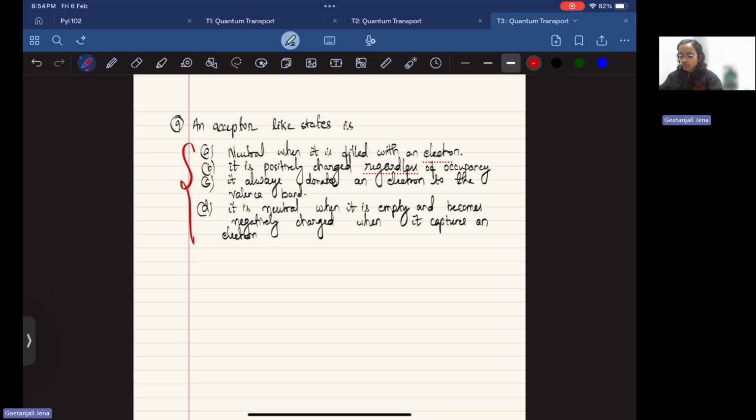According to you, which of the following is true for an acceptor-like state? Let me give you a few minutes so that you can try to recall the concept and find the answer.